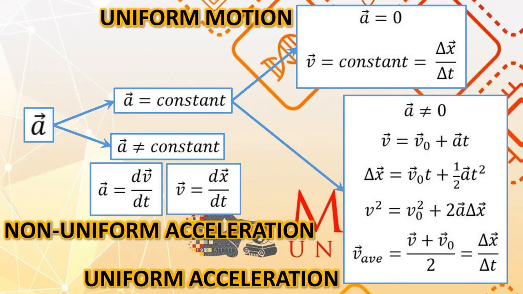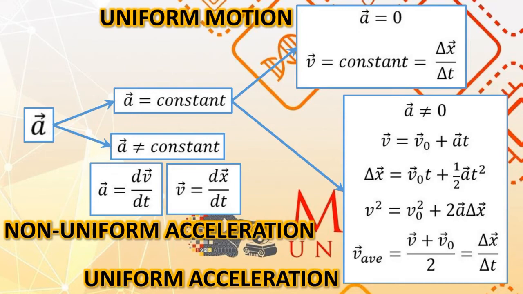Now, if the acceleration is constant, it may be constant at a zero value. a is equal to 0, a constant. The object is undergoing uniform motion. Acceleration is equal to 0, which means the rate of change of the velocity is 0.